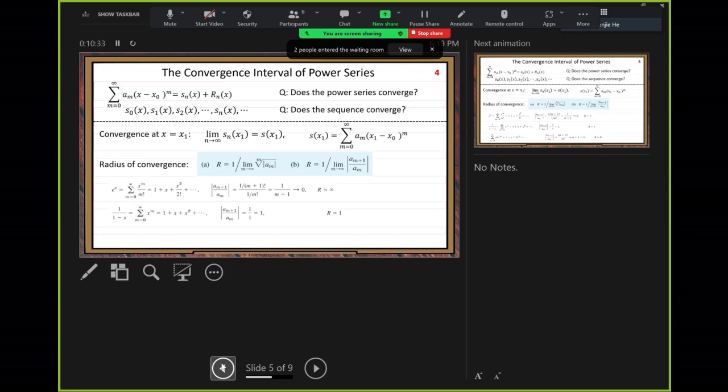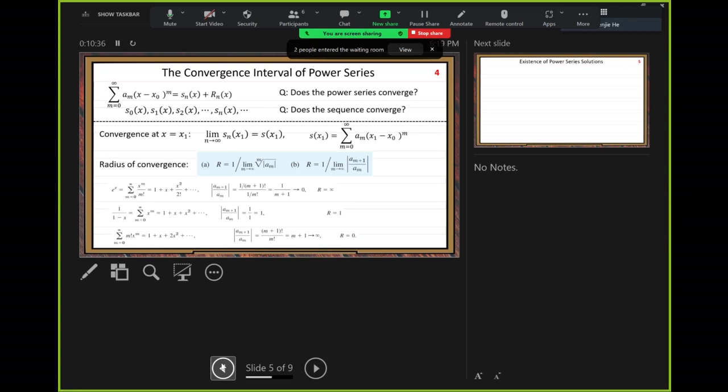Third example, another special one. This time, the coefficients of the power terms are n factorial, so we get n plus 1 going to infinity, 1 over infinity, and r equals 0.